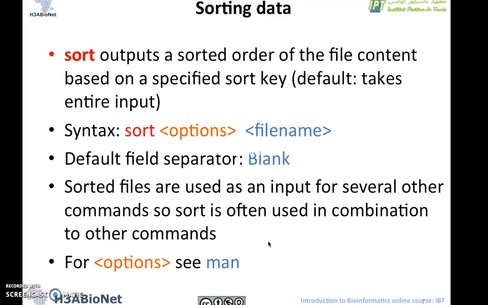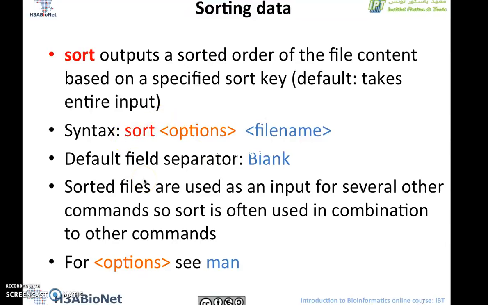The default separator that is considered is the blank, and of course you can play with the parameters if you have different files, where the separator is a colon, or a tab, or whatever; you can specify that using some options that follow the sort.